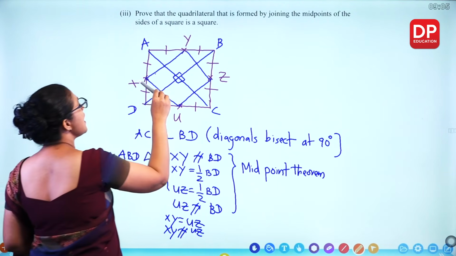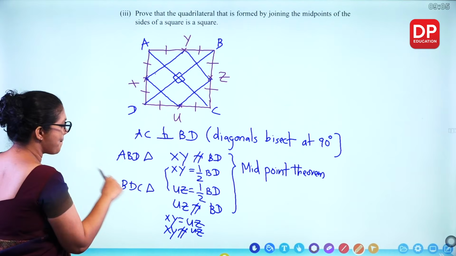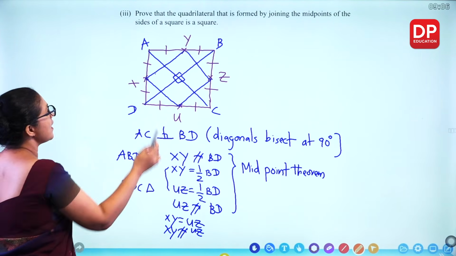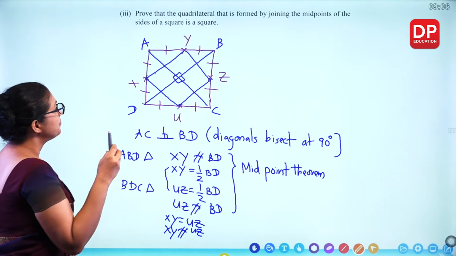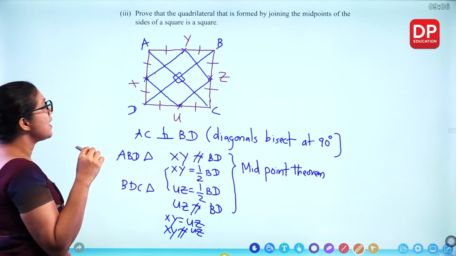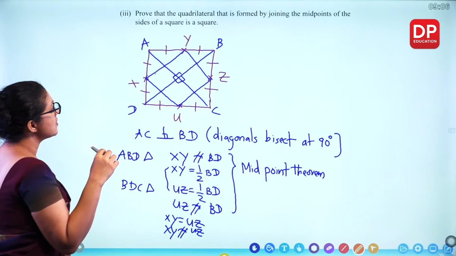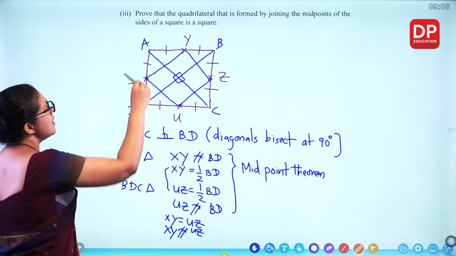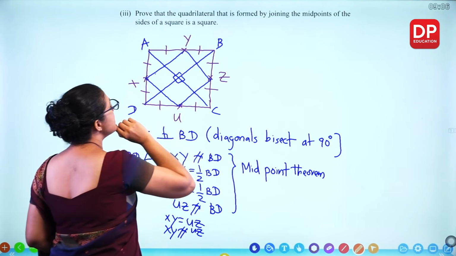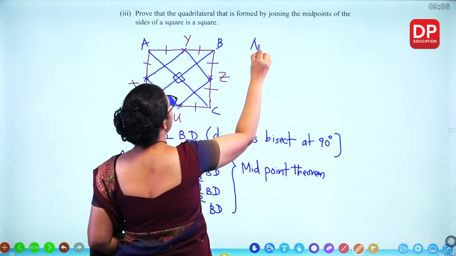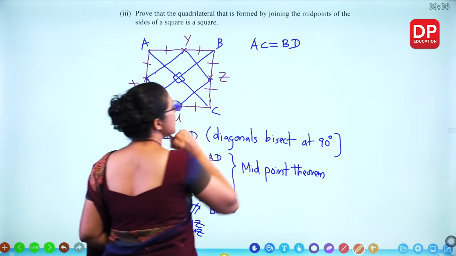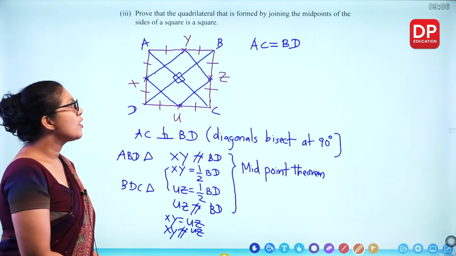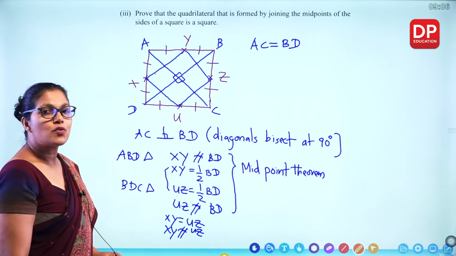You can do the same thing to the other side. Now XY is, that's a parallelogram. And how can we show that these adjacent sides are equal? Again, we can write down AC is equal to BD. Diagonals are equal in a square.